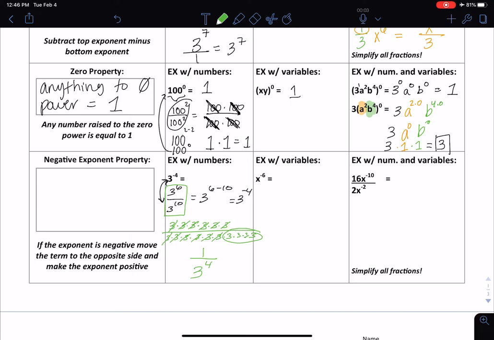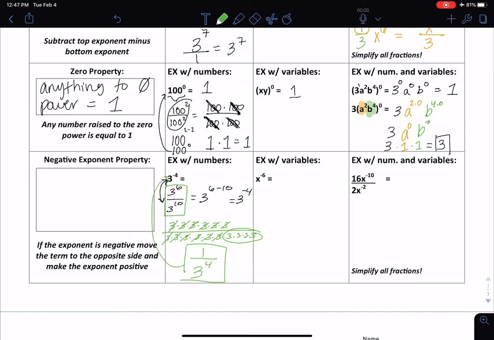Okay, so if I ever want to make my exponent not negative, I move it in the opposite direction that it's at. So if it's on top of the fraction, it goes on the bottom. If it's on the bottom, it goes to the top. Okay, so this is the answer to this one.